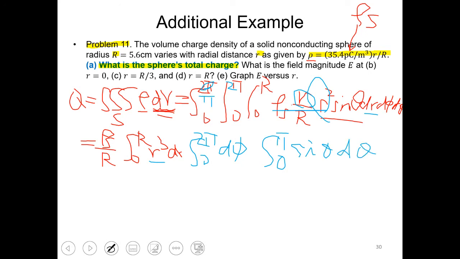So actually, all the variables can be separated, and every integration is easy to calculate.